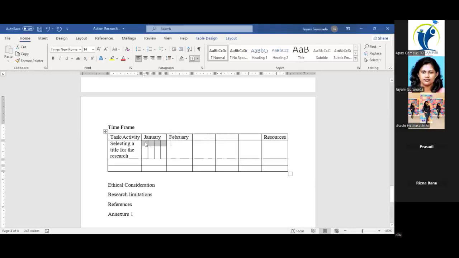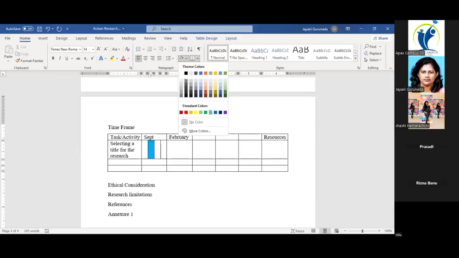Like this. Now imagine this month is September. Now you are selecting the title for the research in the second week, like this. Right, like this you can color it. Okay.